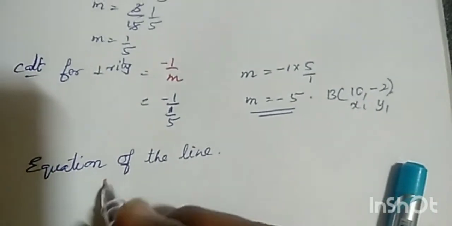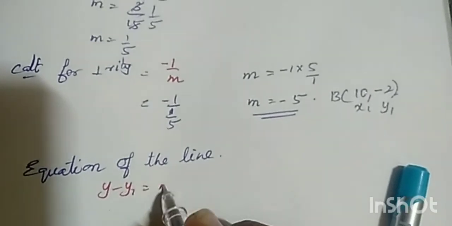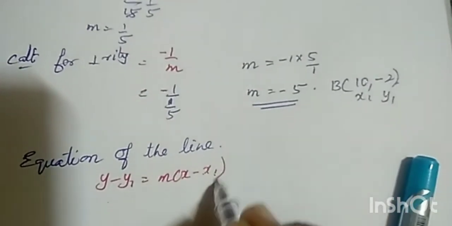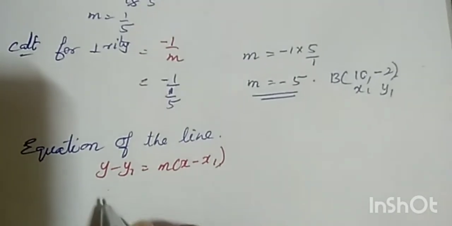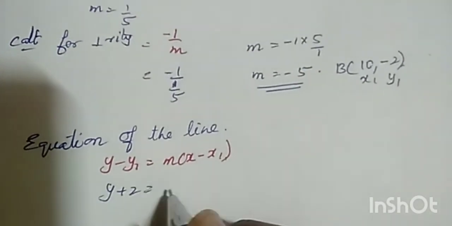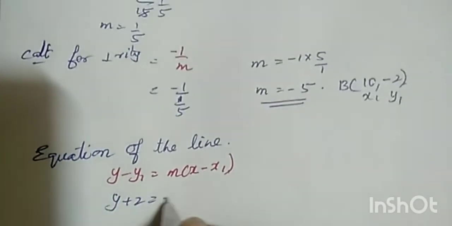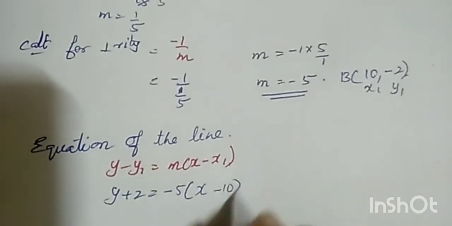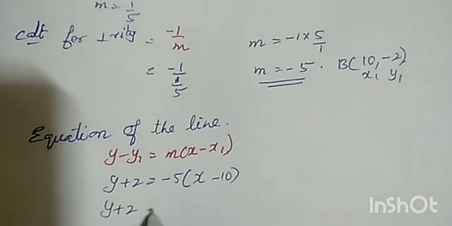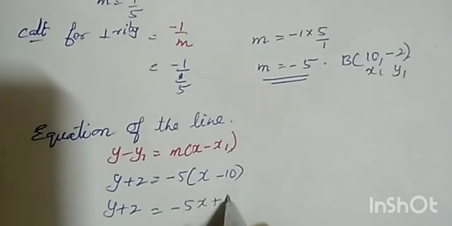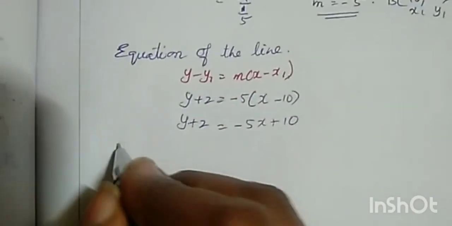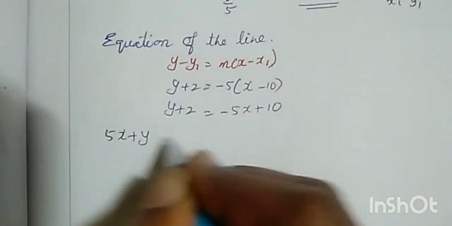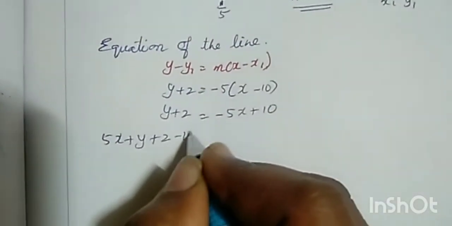Now finding the equation of the line. y minus y1 is equal to m into x minus x1. y plus 2 is equal to minus 5 into x minus 10. Simplify it. y plus 2 is equal to minus 5x plus 10. Take it to the left-hand side. So it becomes 5x plus y plus 2 minus 10 is equal to 0.